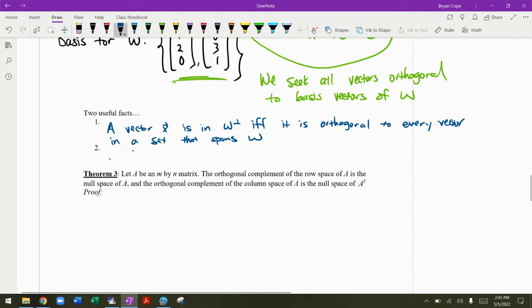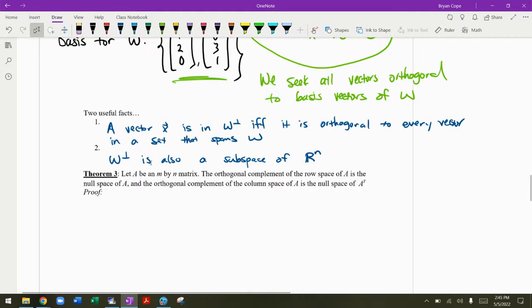And then the second fact is that W perp is also a subspace of Rn. So not only is the original subspace a subspace, but the new one, the orthogonal complement, is as well.